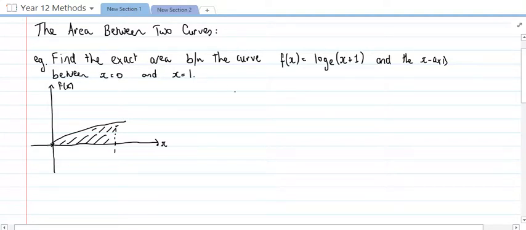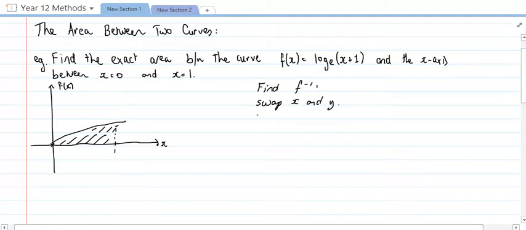So what we actually do is we use the inverse of this. Okay, so I'm going to find the inverse. To do that, we swap x and y, where y is f of x.